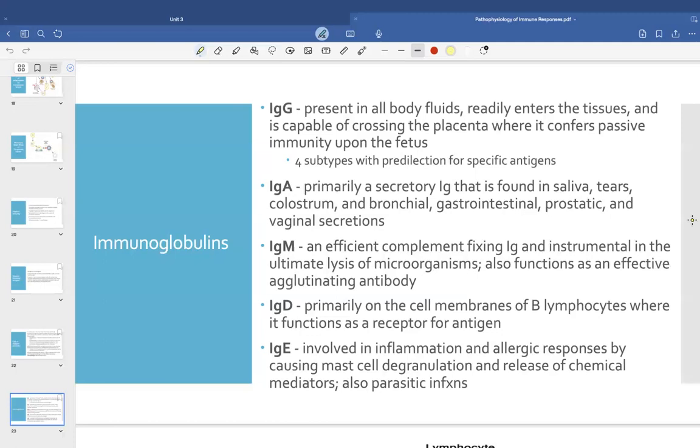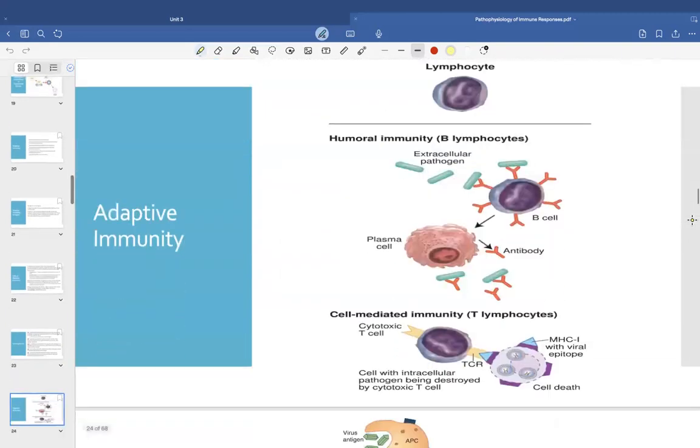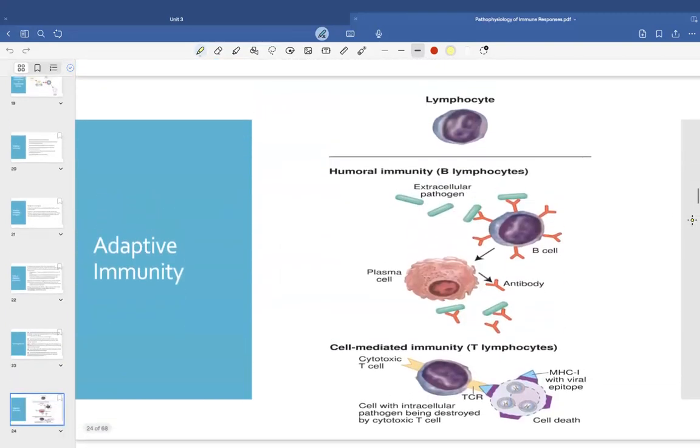All right. Lymphocytes. Just pictorially, your typical lymphocyte has one big nucleus. They're smaller than your polymorphonuclear cells. Your B lymphocytes can bind directly to microbes.